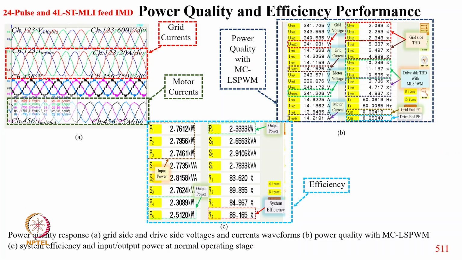These are the typical cases of grid voltage, grid current, motor voltage and motor current, which have a quite good THD: the grid current is around 5%, and motor current THD is around 4%.